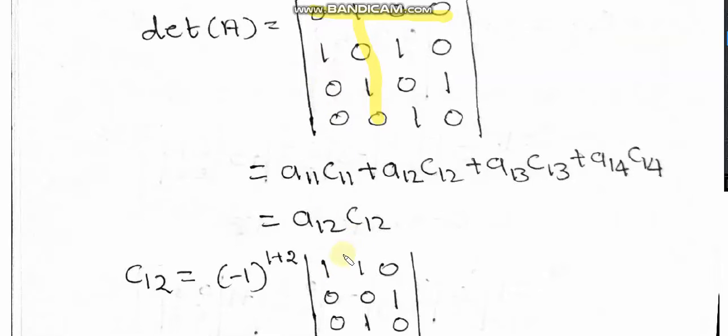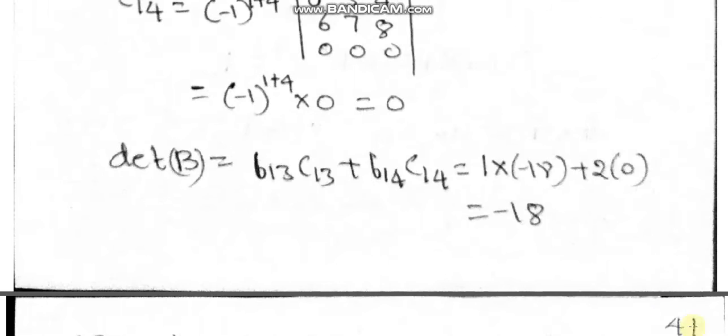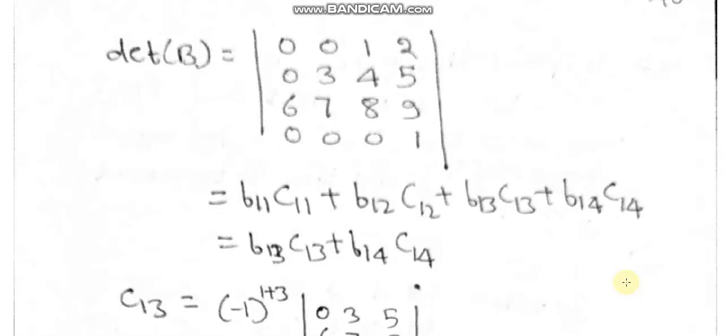The first column 1, 0, 0, then 1, 0, 1 and 0, 1, 0. So minus 1 raised to, this is the position first row and second column, so minus 1 raised to 1 plus 2, that gives me a minus value. So that will be the cofactor C12.